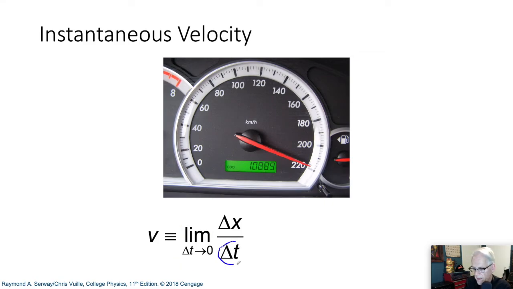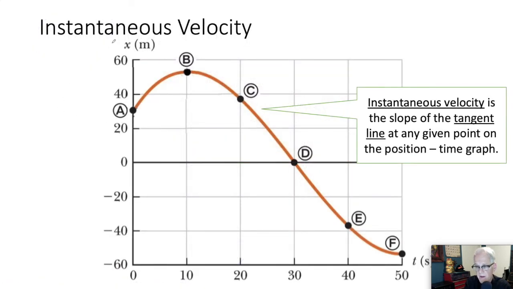We're going to make delta x be as small as possible to where it's the instantaneous velocity, the velocity at that moment. If you have a graph of position versus time, the instantaneous velocity is the slope of the tangent line at any given point on the position time graph.